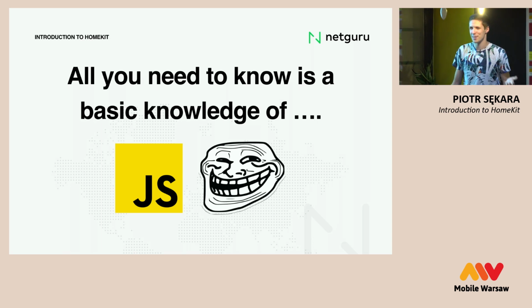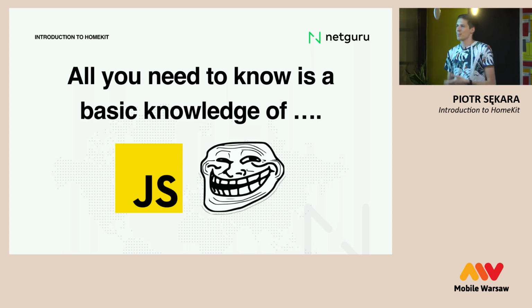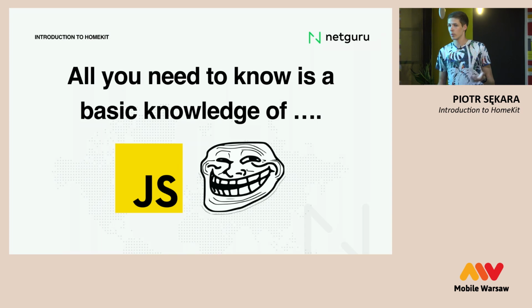Yeah, why JavaScript, not Swift? That's because there are already two prepared solutions of the HomeKit server in Node.js, in JavaScript. There is also one implementation of this server in Swift, but the implementation of the server in JavaScript is the most stable one and the most popular, actually.